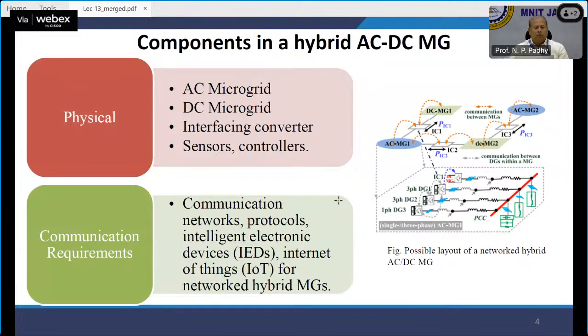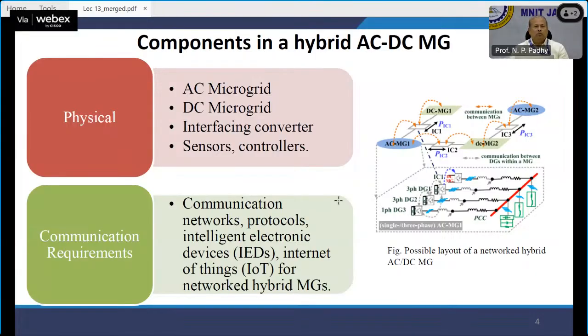Now, when I talk about the different components of an AC-DC microgrid, there are two major components. One is physical components, the other is communication requirements. Physical components: we have the AC microgrid, the DC microgrid, interfacing converters, sensors, and controller.